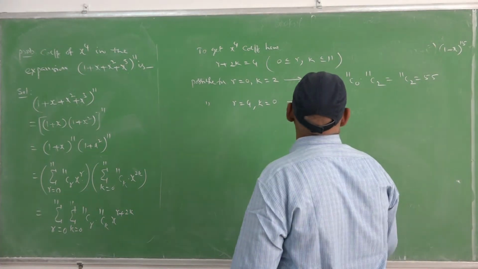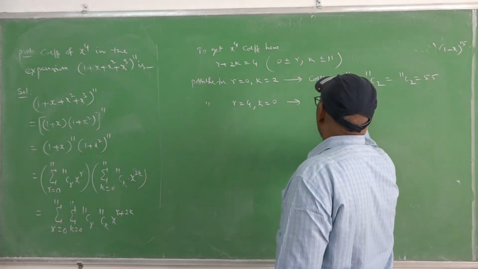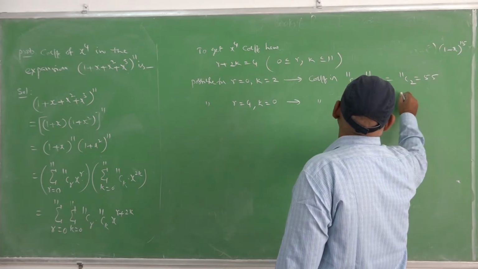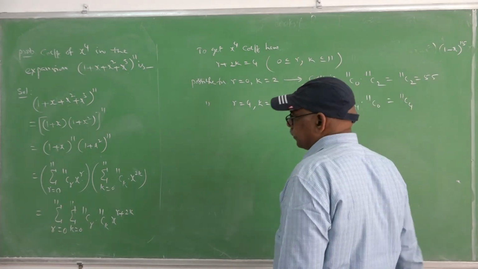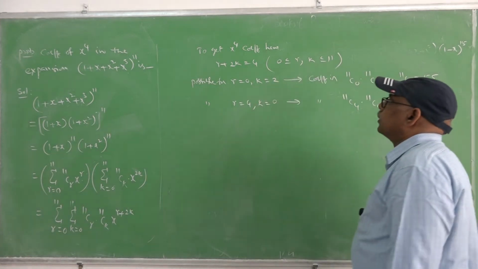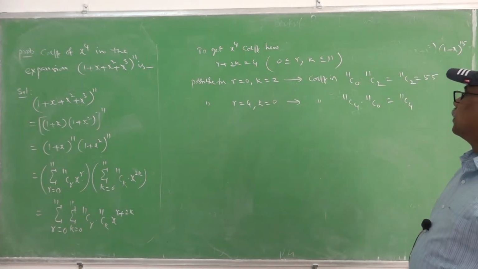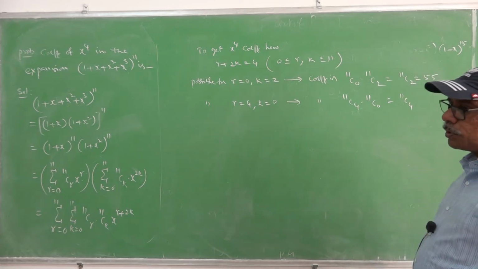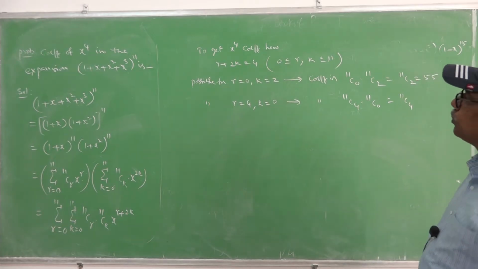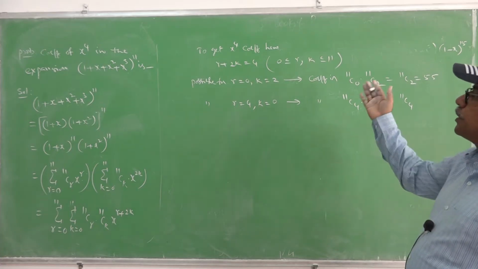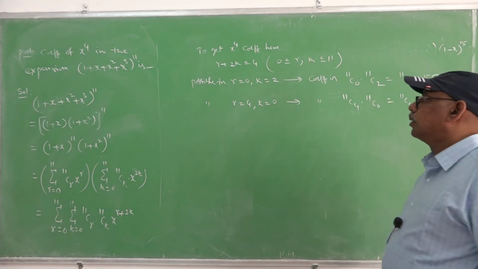In such case, the coefficient is 11C4 into 11C0, which is 11C4 itself. That is one more possibility. Let us observe other values of r and k that lie between 0 and 11.